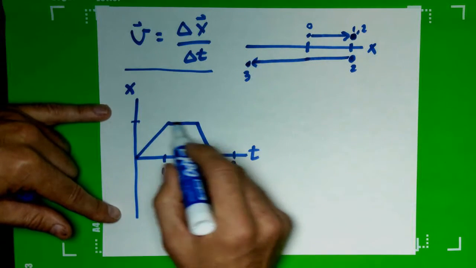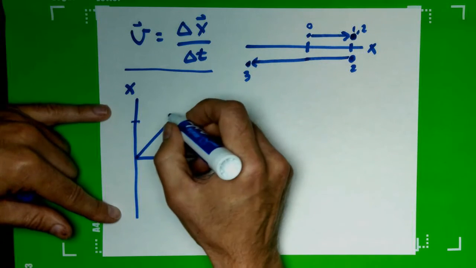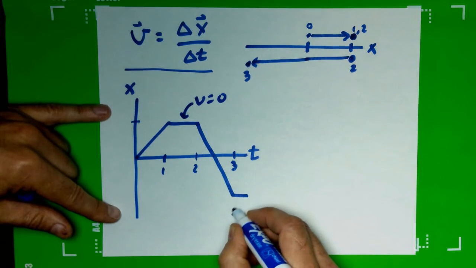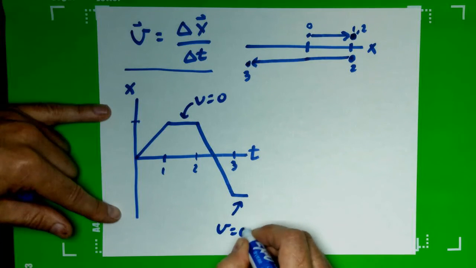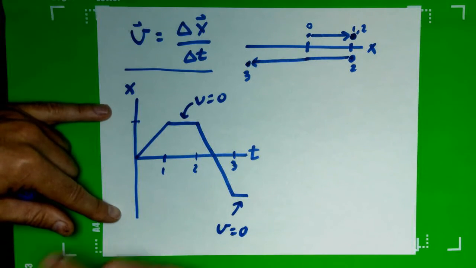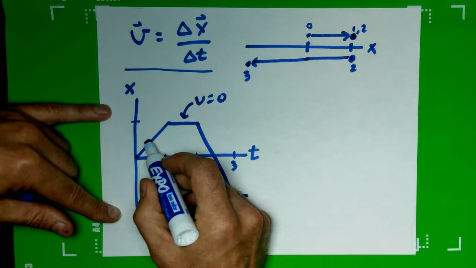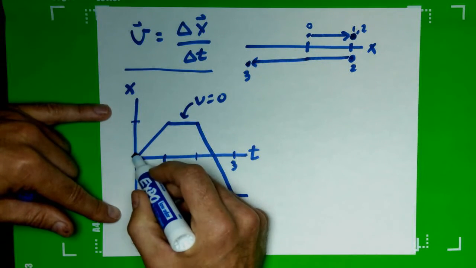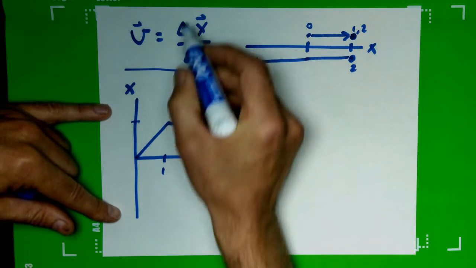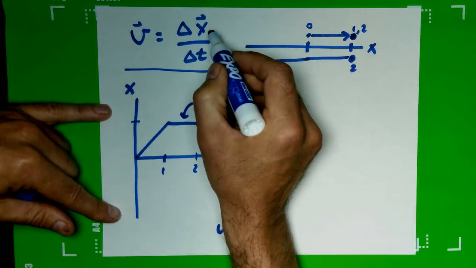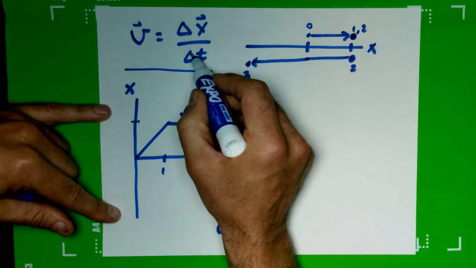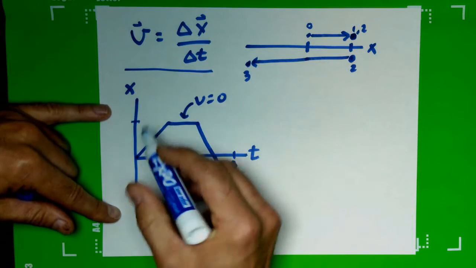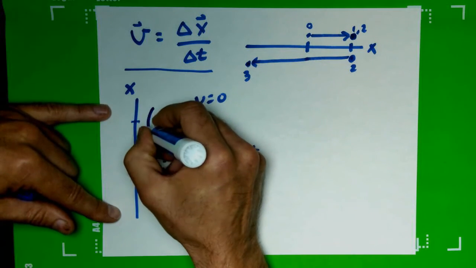And so a horizontal line indicates a velocity of 0. Well, what's this? This has a change in position, a positive change. It increases as time increases. So our change in position here is positive, and the time obviously has to stay positive.